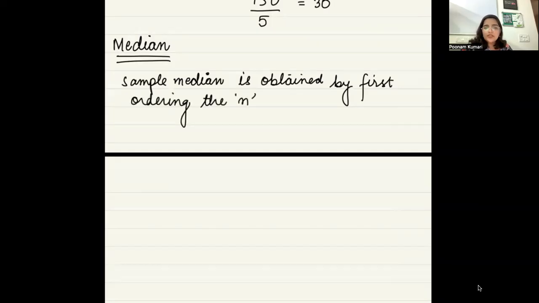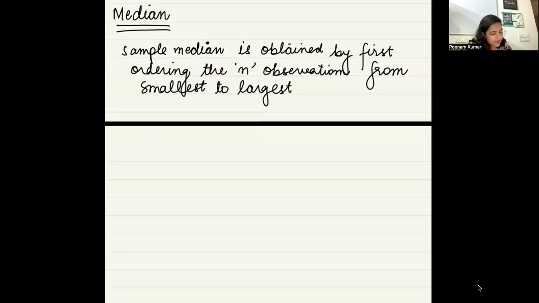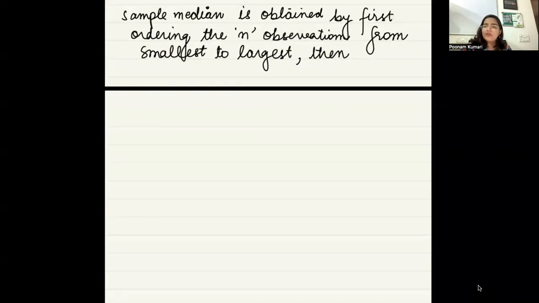So you have to first order the n observations from smallest to largest, right? So smallest value and then bigger and then bigger and then the largest value. And after that, then what do you do? So then you have to do the following.